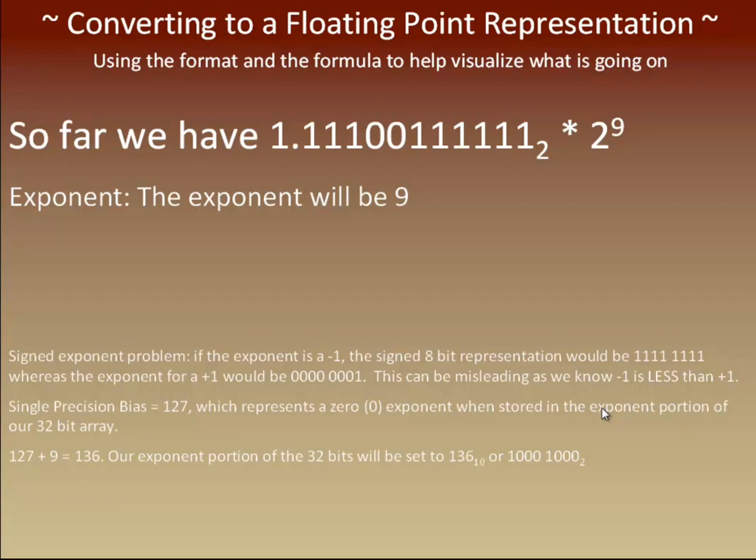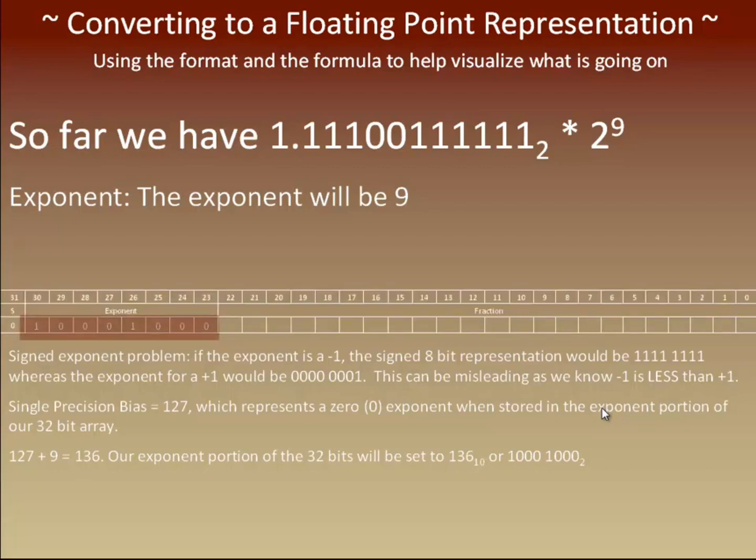For example, the exponent in our problem is 9. And remember we said earlier that the bias is 127, and 127 represents 0 in our exponent. So if we add 9 to 127, we come up with 136, which is represented by the binary number 10001000. Now, if we plug the 136 binary representation into the exponent bits, this is what we get.